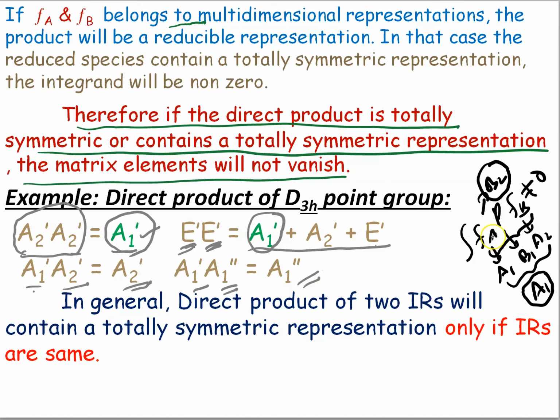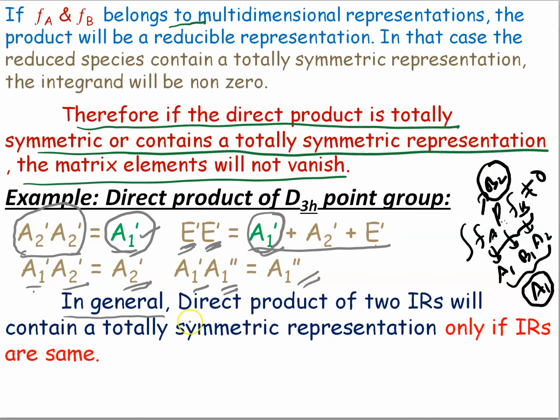So this integral fa P fb will not be equal to 0 if the symmetries of fa, P and fb are the same. That is the point. Only then will the direct product be a totally symmetric representation, and only then will the integral not vanish. Okay, this is the final point.